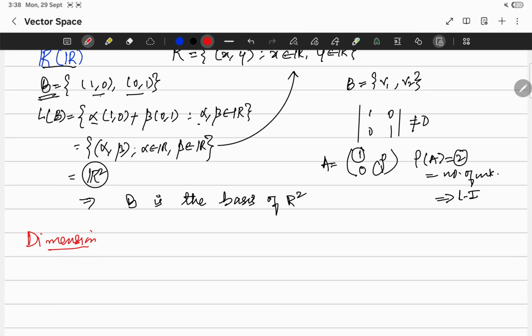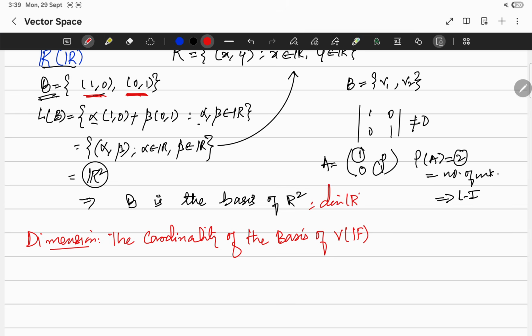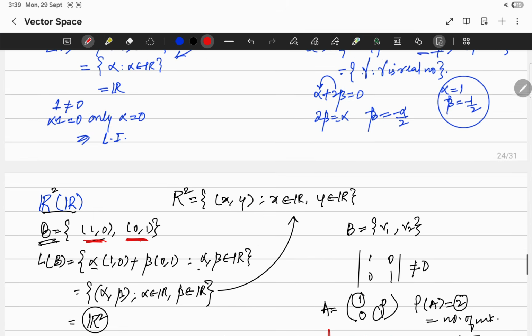The cardinality of the basis of a vector space is called the dimension. How many vectors do you require to create the whole of your R2? Two, so the dimension of R2 is equal to 2. Okay.